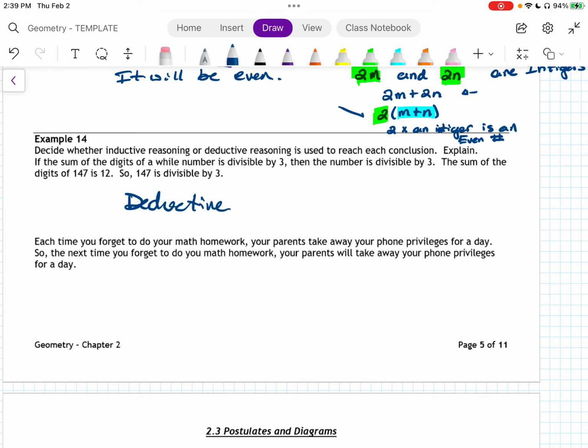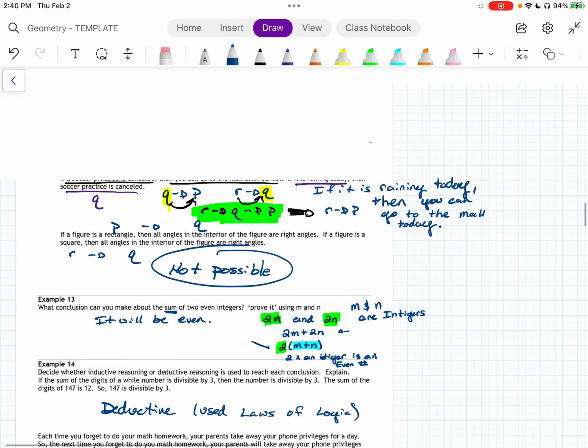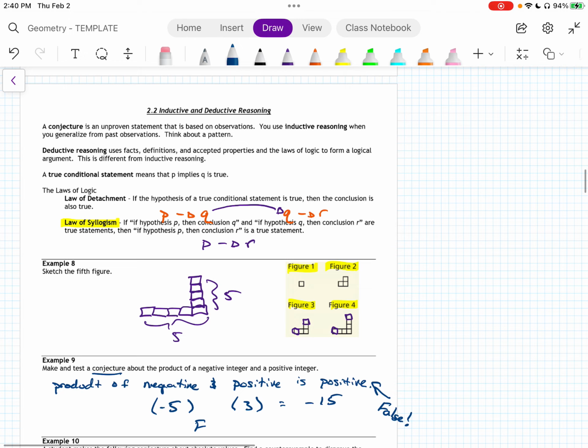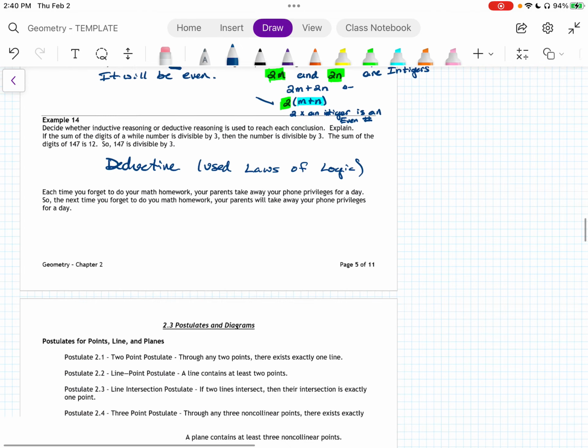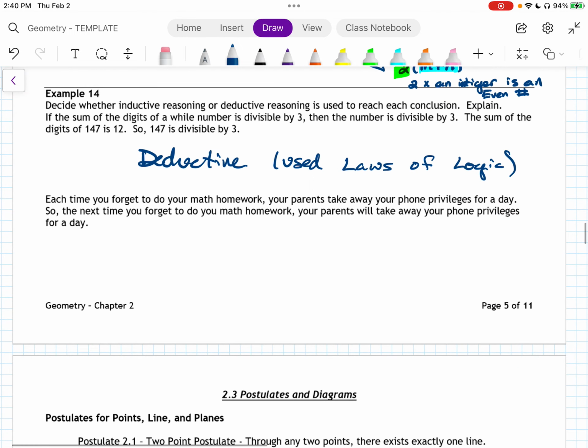It used conditional statements. Okay, and what law of logic was that? I think we can even say that would have been the law of detachment, wouldn't it have? Because we kind of plugged in for that formula there.